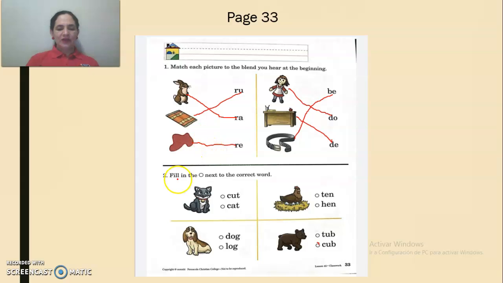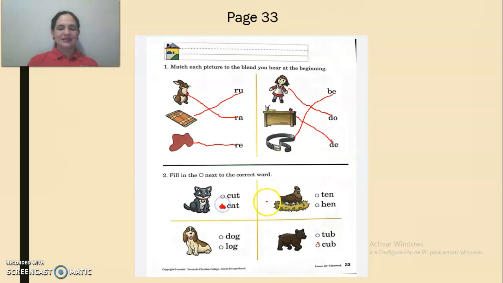Now listen. We have to fill in the bubble next to the correct word. We have to read the words and we have to bubble it out. Okay, this is a cat. Let's read. Cat. This is the correct word for cat.